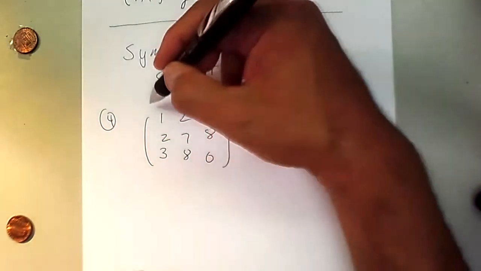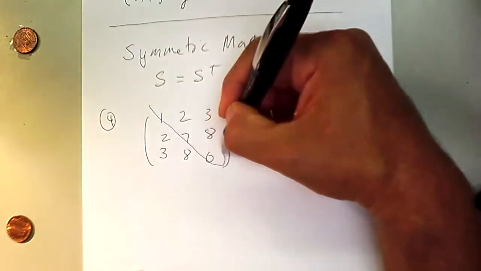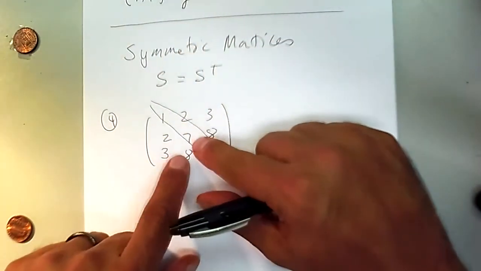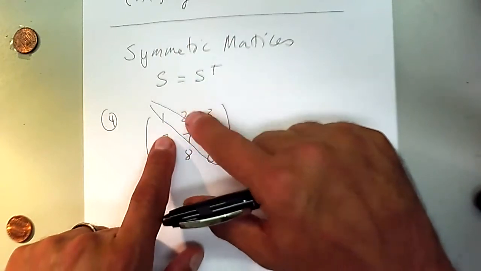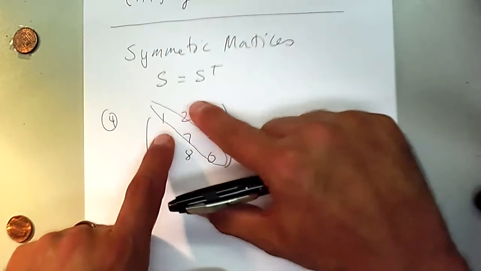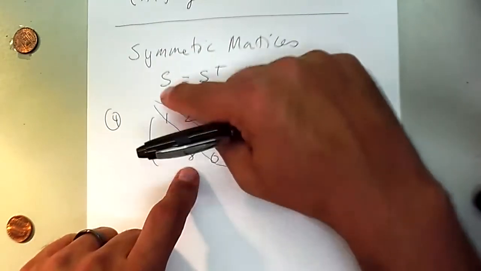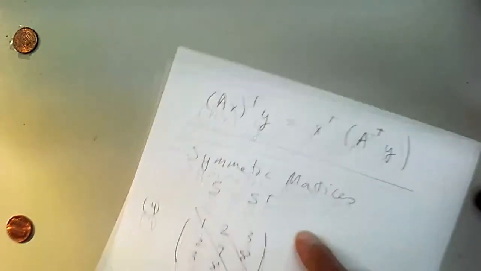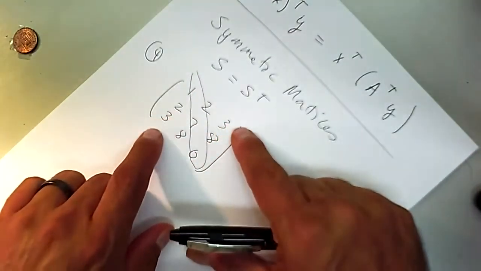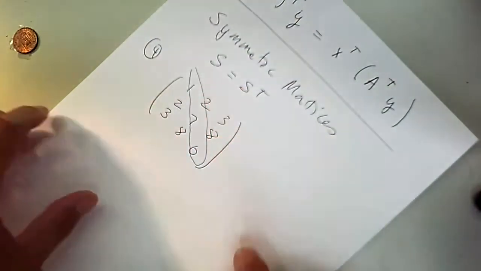Notice that if you go down the main diagonal, it doesn't matter what those numbers are. The numbers opposite to the main diagonal, so the 2 equals the 2, and then the 3 equals the 3, and the 8 equals 8. So those numbers have to be symmetric. If you put this vertically, then we can see the 2 2s, the 2 3s, the 2 8s as mirror images.